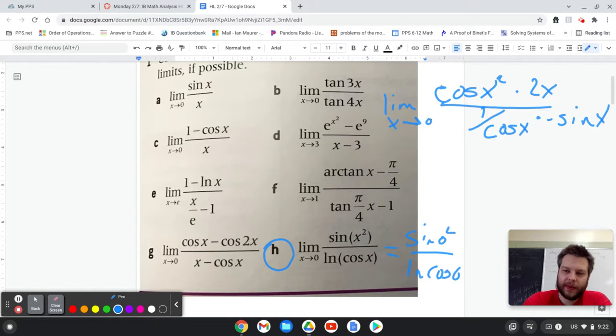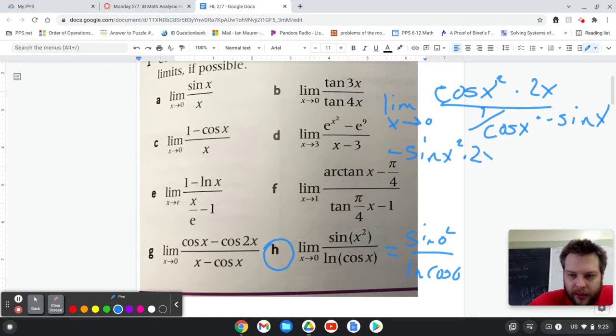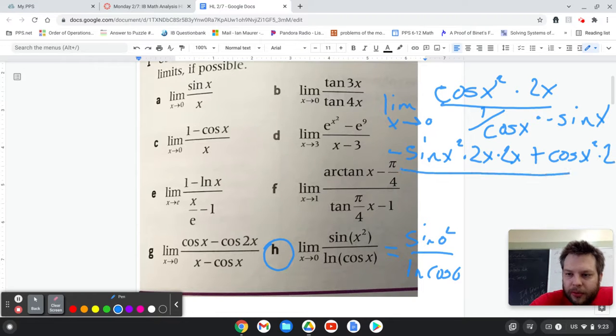So let's take the derivative of the numerator and the denominator again. On the numerator, I'm going to use a product rule. So we're going to have negative sine x squared times 2x times 2x. That's like f prime g. And then plus cosine of x squared times 2, f g prime.